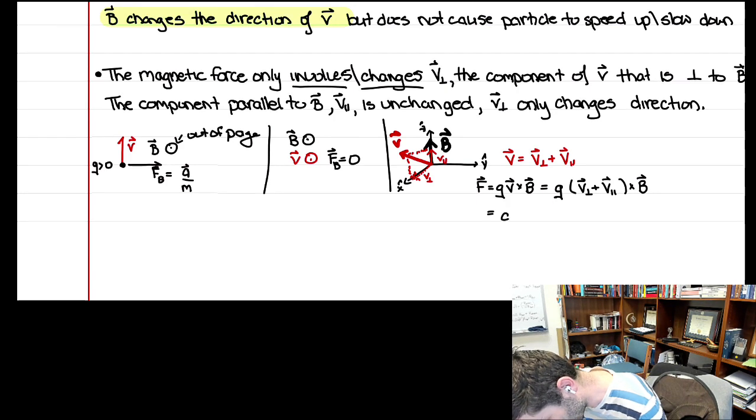So this becomes q v perp cross B plus q v parallel cross B.